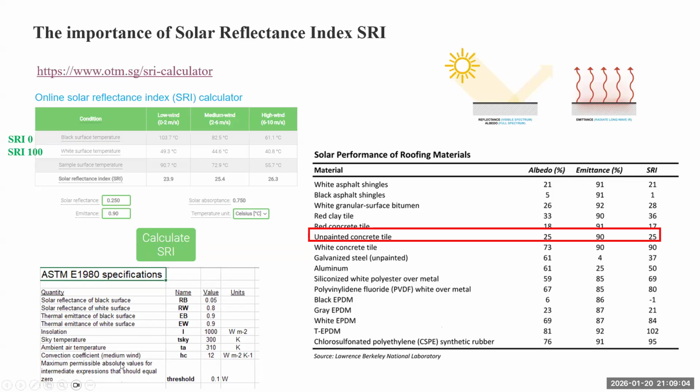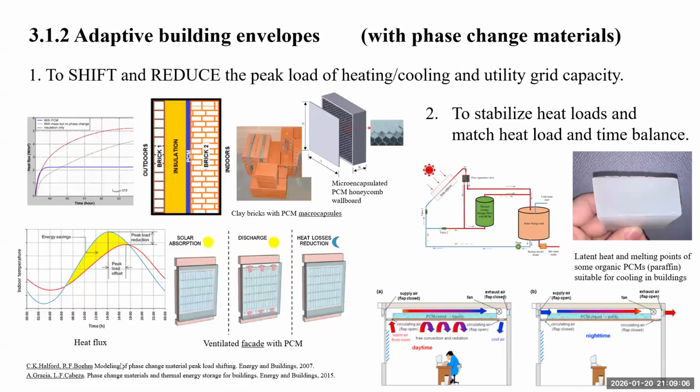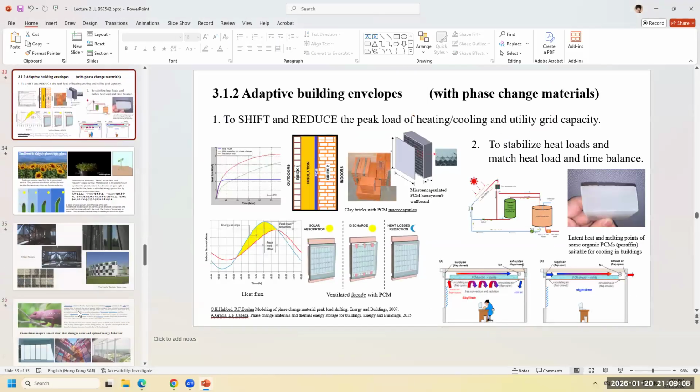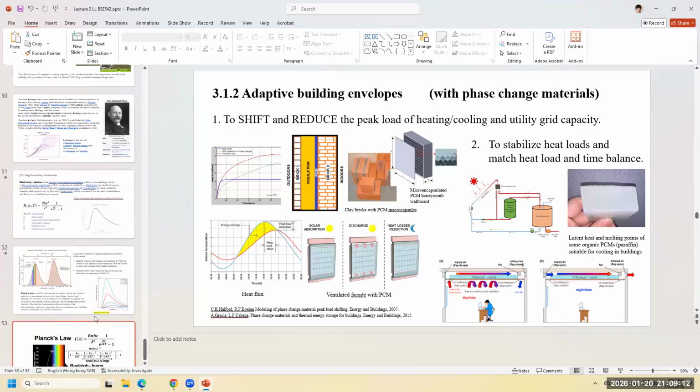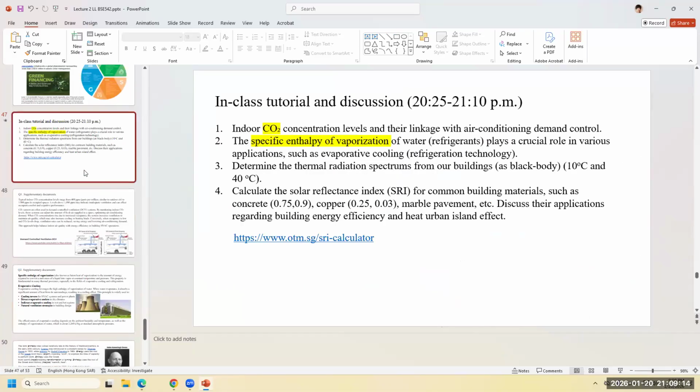So you can use this calculator to calculate these two examples. Maybe it's not that accurate, but definitely it can help us understand the importance of solar reflectance index. Let's see the example.